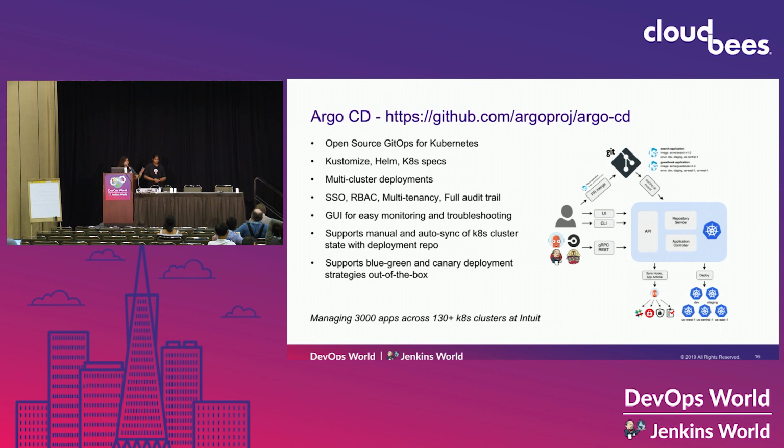Their pre-prod namespaces will be in pre-prod clusters, their prod namespaces will be in prod clusters. So a single Argo CD can actually orchestrate across multiple clusters. It has other enterprise features like single sign-on, RBAC, multi-tenancy, full audit trail, etc. It has a GUI for easy monitoring and troubleshooting, and Deepthi will show all of that.